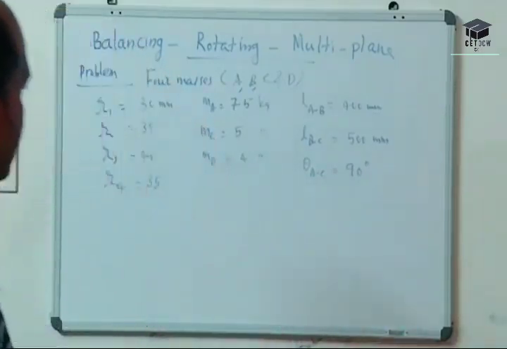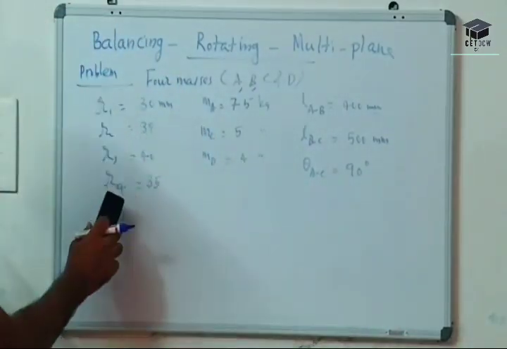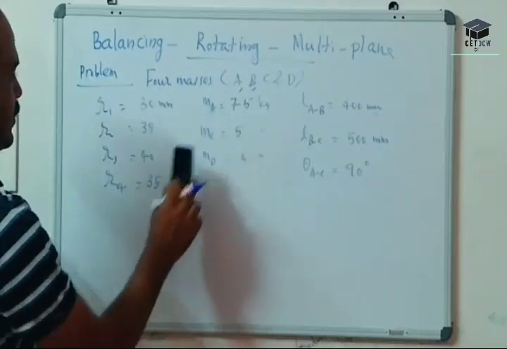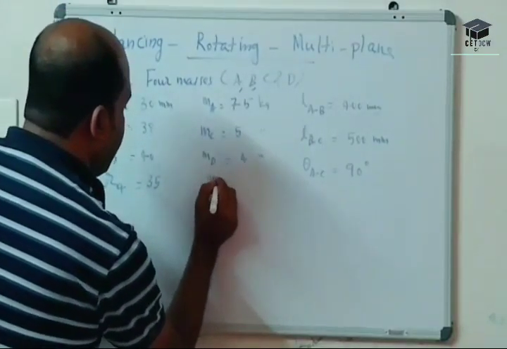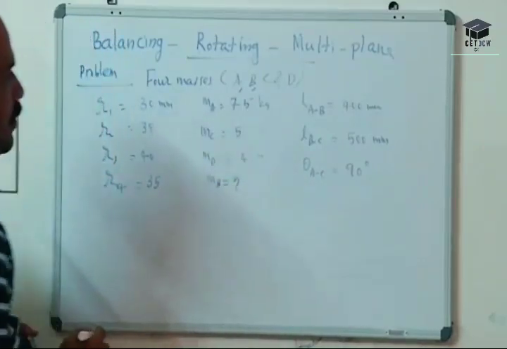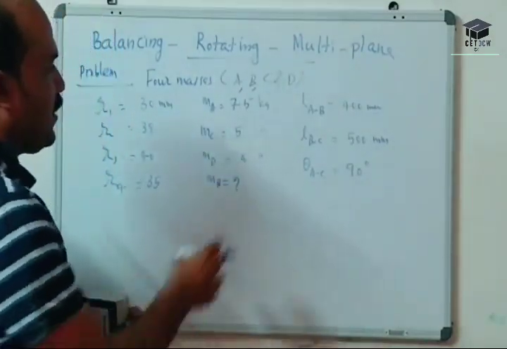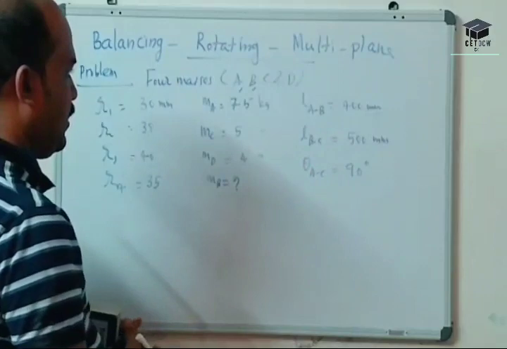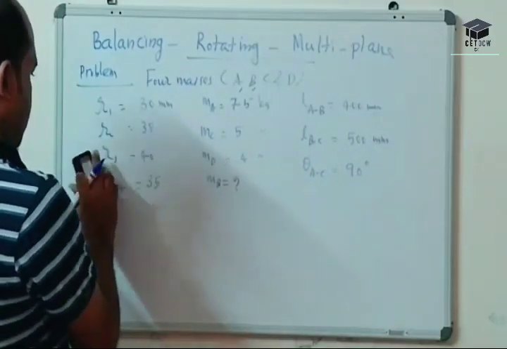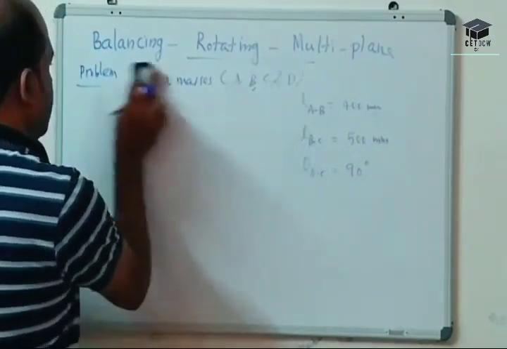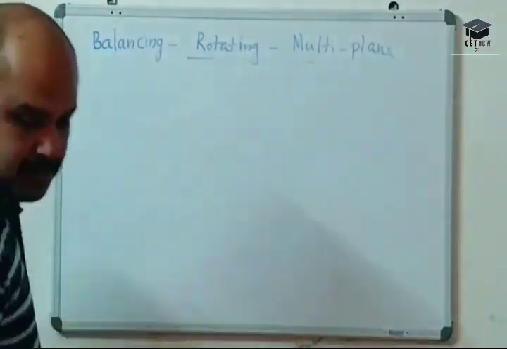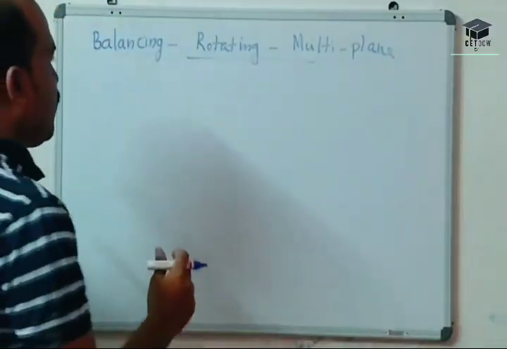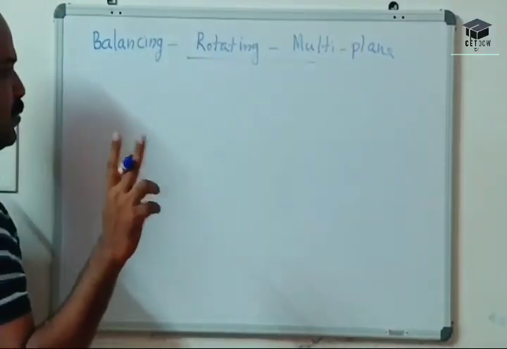So these are the given values. 4 radii are given, 3 masses are given, MB is unknown. Then you need to find the distance here and the other angle. Now for analysis we have only two tools.